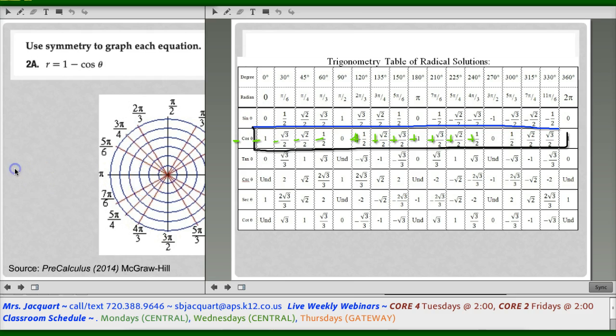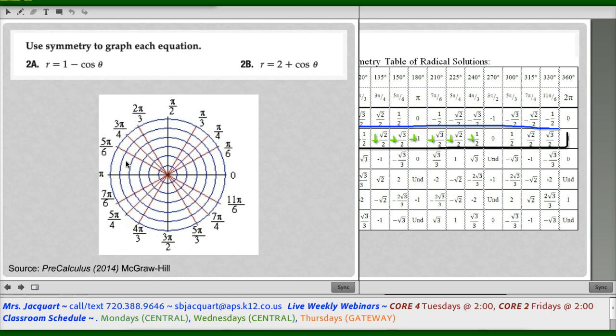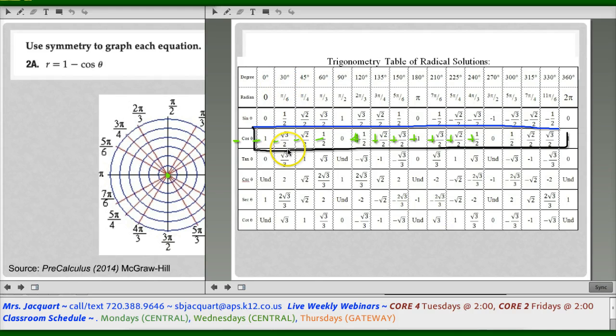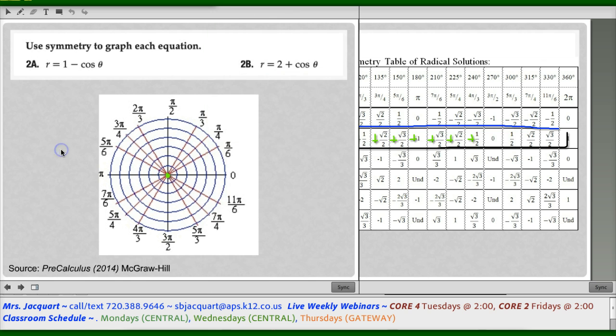So I'm going to use that chart. So if I take 1 minus 1, my first dot will be at a 0. And then if I take 1 minus cosine, let's do 30, 1 minus 0.87 would be 0.1 something.